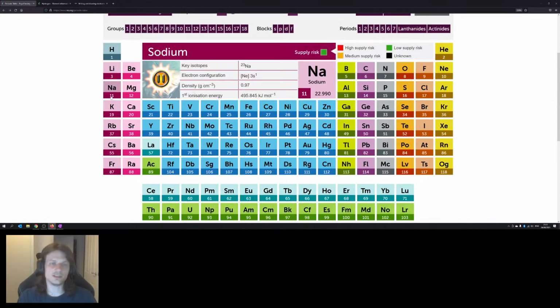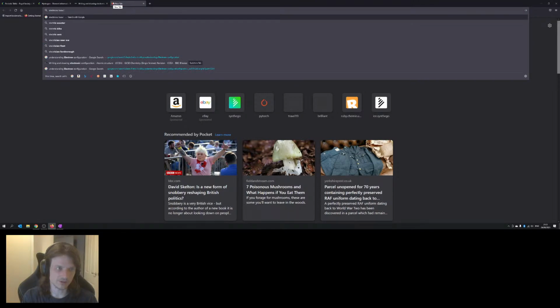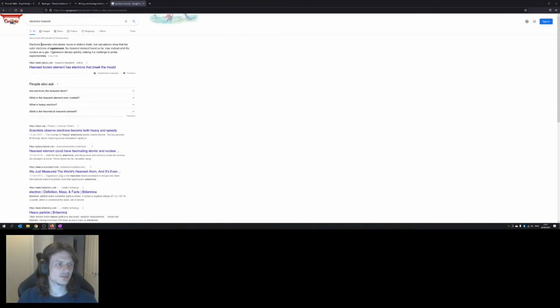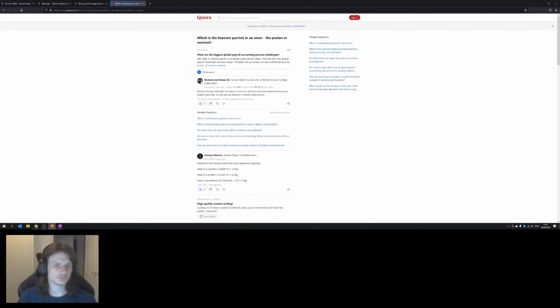So, okay, the atomic mass is 11. The neutron decays to form a proton and electron.